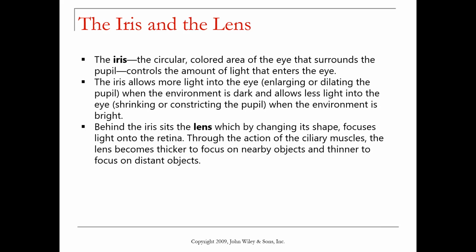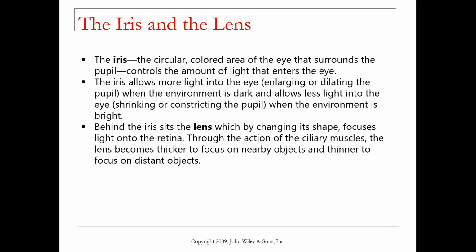Now, once we get through the pupil, the light rays will pass through the lens, and the lens will bend those rays to focus them onto the retina itself. And the ciliary muscles, which surround the lens, I'll show you them when we start dissecting an eyeball.